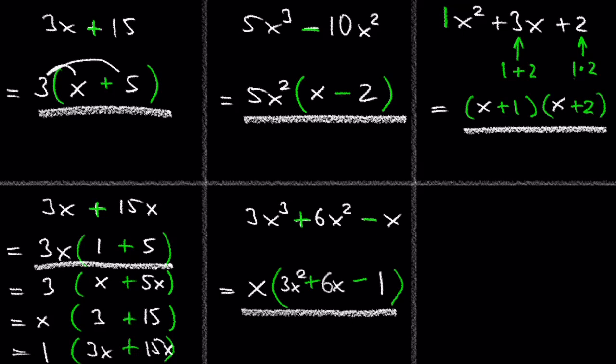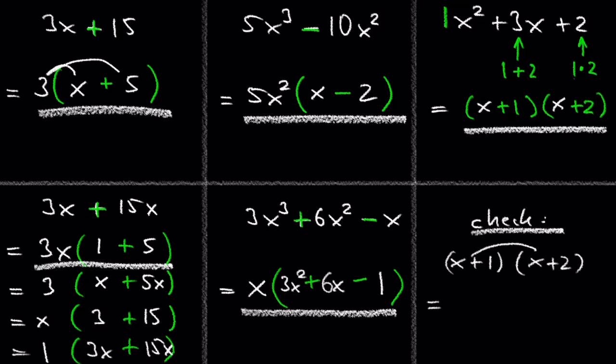Let's check our solution. X times x is x squared. X times 2 is 2x. 1 times x is x. And 1 times 2 is 2.